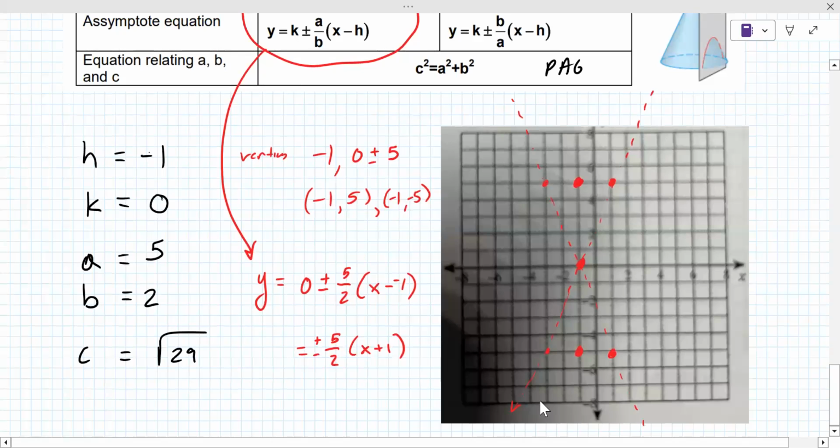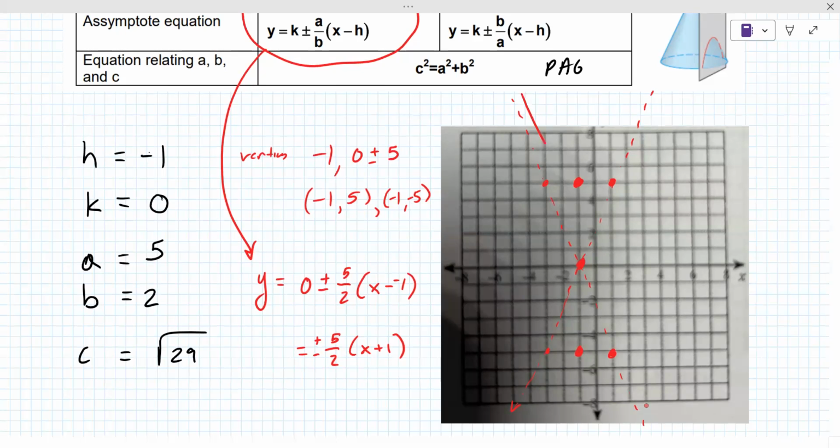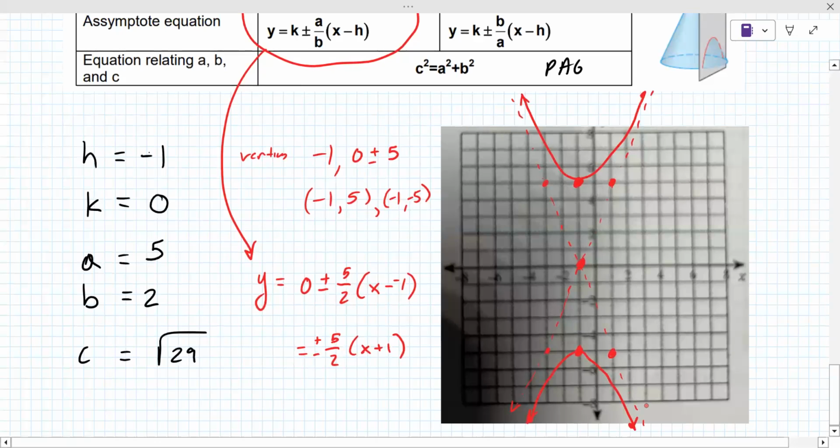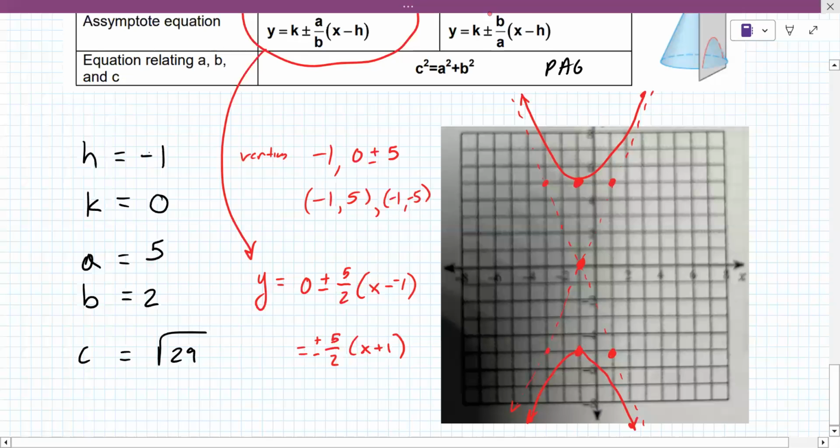The positive one's the one you're used to, and then the negative one, you just go the other direction. And what this does is it makes this nice boundary for the hyperbola. And I mentioned a box earlier. This is what I was referring to with a box.